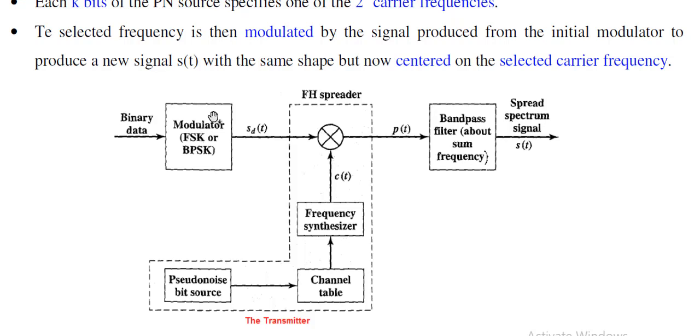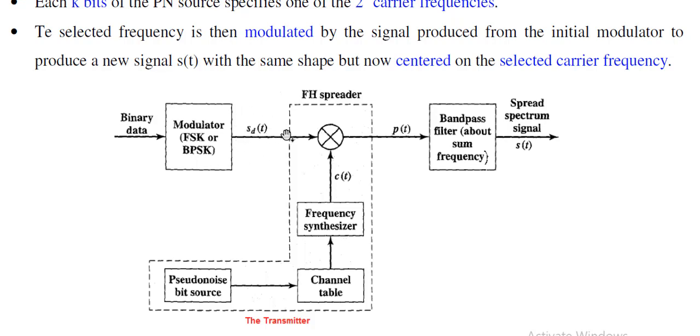So the first signal will be gotten using a modulation technique. We have data. Now we use FSK, PSK or ASK or any analog modulation technique to get the first signal which has a frequency.